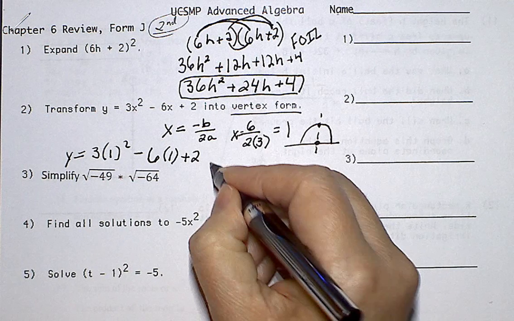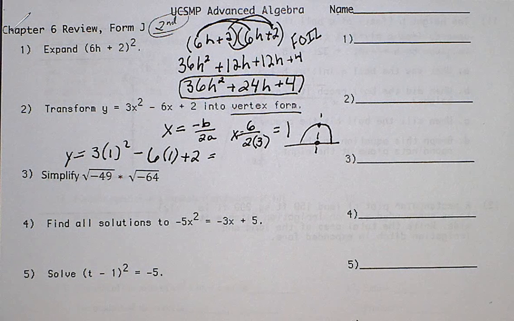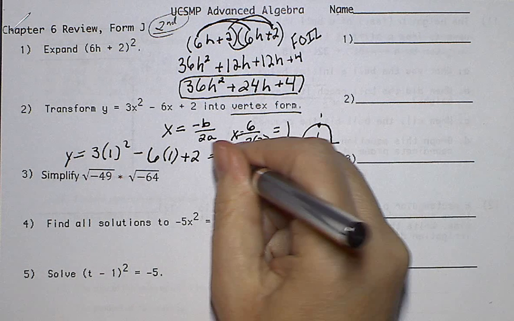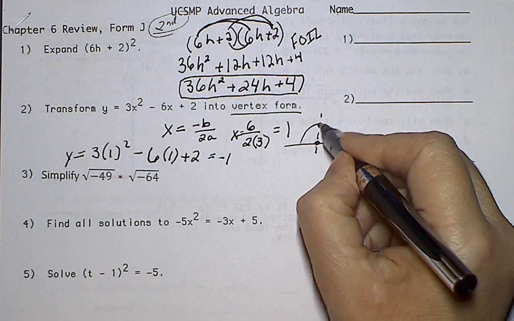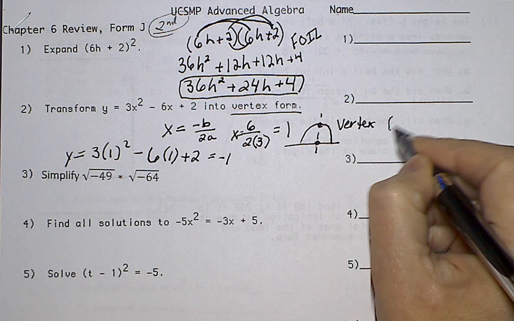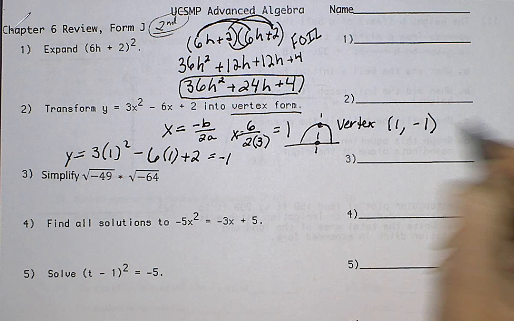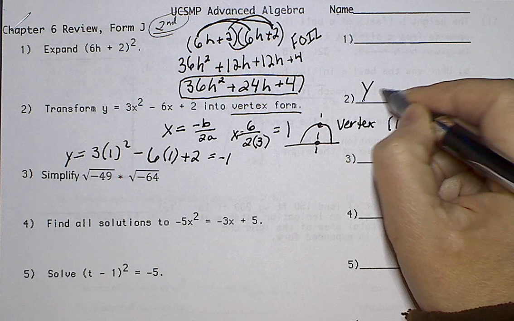So we have 3 minus 6 plus 2 gives me a negative 1. So that means my vertex y was negative 1.